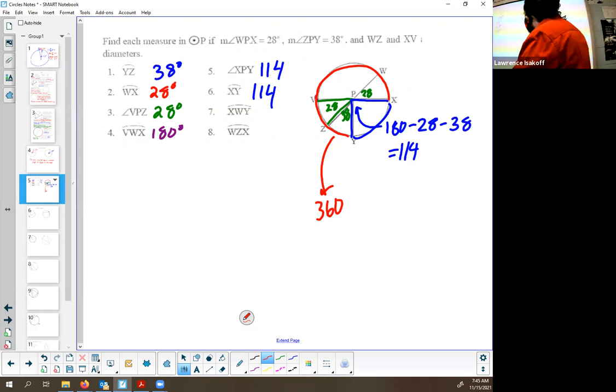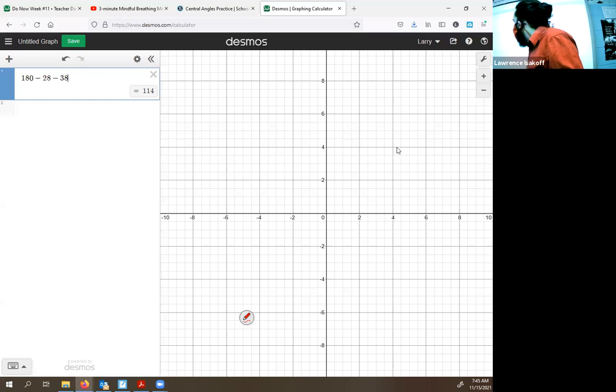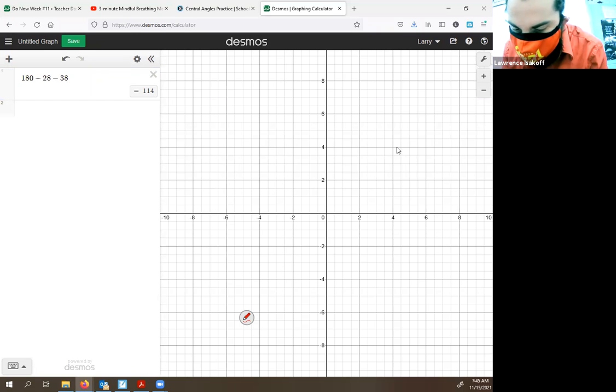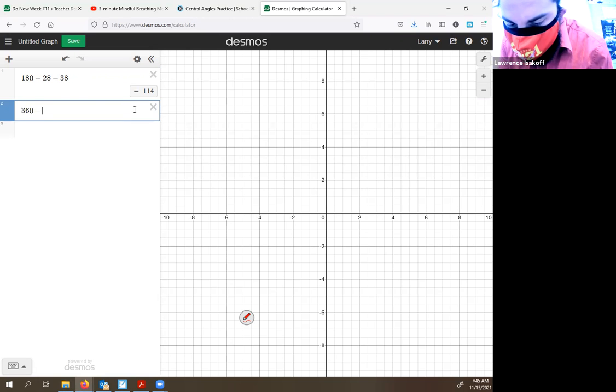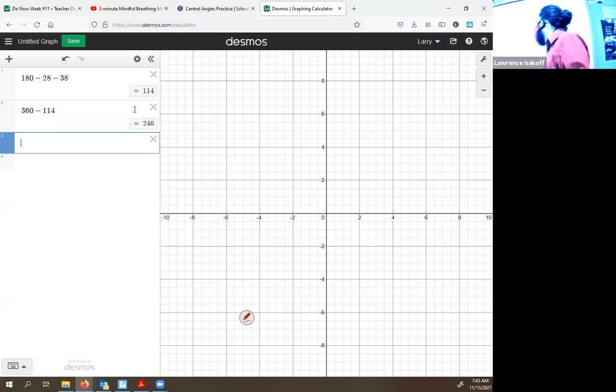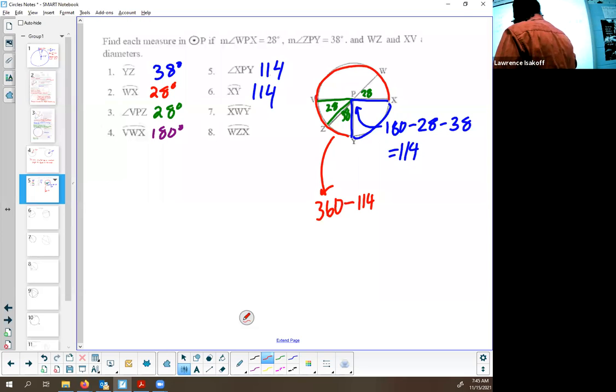So I'm going to just do minus 114. You can put that in the calculator very quickly. 360 minus 114, and we get 246 degrees.